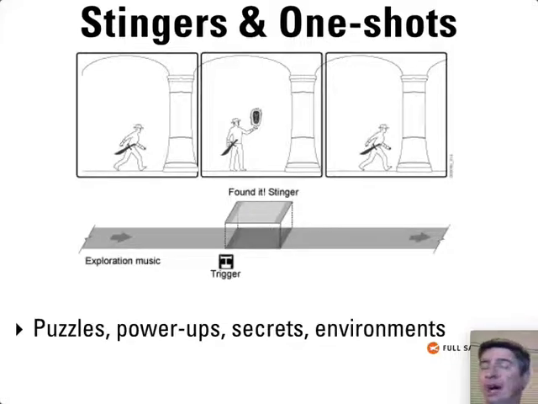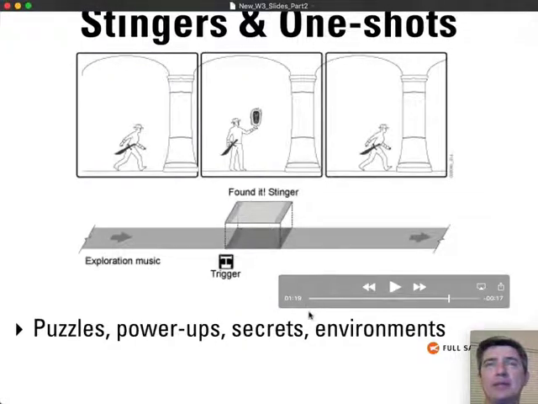And these are usually timed. For the next 20 seconds, you can go in berserk mode and cause a whole bunch of damage to the enemies. And there's a very specific piece of music that is specifically timed to the length of that power-up, and it will resolve and finish and rotate back into the original music.